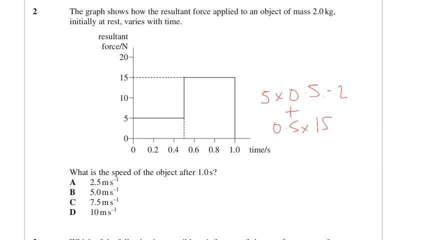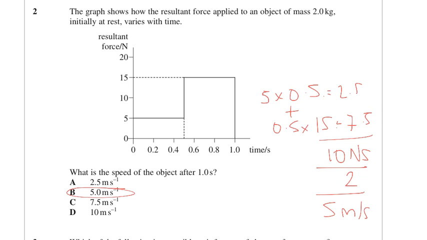So that's 2.5 plus 7.5, which gives you 10 Newton seconds. And if it's 2 kilograms, let's divide that by 2. That's going to give you 5 meters per second. Answer B.